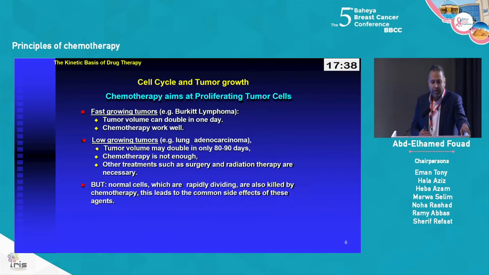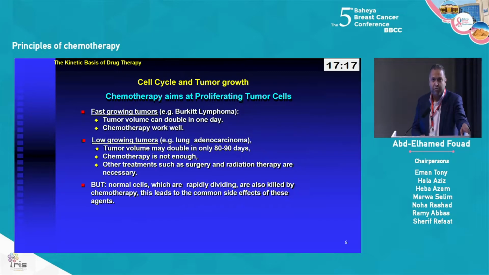So, in fast-growing tumors like lymphomas, especially Burkitt's lymphoma, where the tumor volume can double in only one day, chemotherapy is very active because these tumors have a high growth fraction. On the other hand, in slowly growing tumors like lung adenocarcinoma, the tumor volume needs about 80 to 90 days to double.